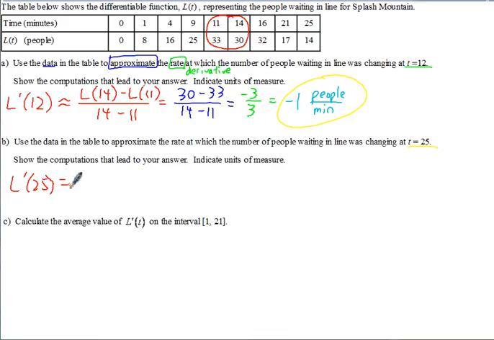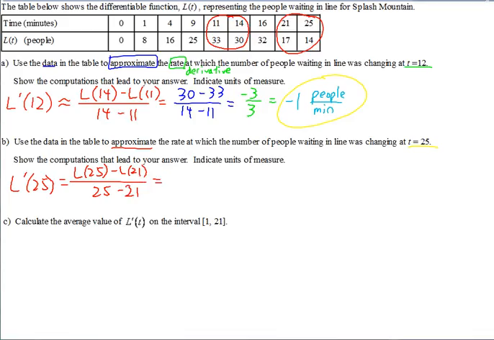So let's look for time 25 on our table. Notice time is on the top row, 25. In this case, it happens to be there at the very end of our table. So you can't use points on either side of it. The closest points we can use are 25 and the point right before it. So we'll have to use those to do our approximation or estimate. So L of 25 minus L of 21 over 25 minus 21.